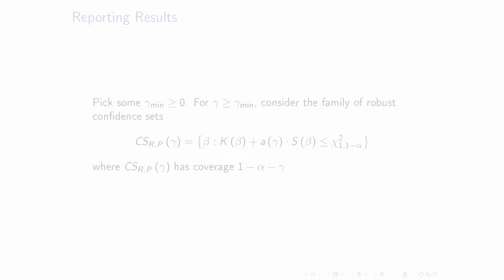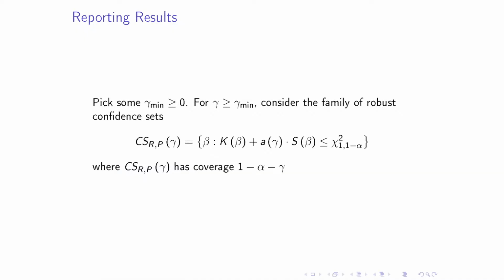So here I'll think about a way of reporting results for the procedures I'm suggesting that takes into account both of these points. In particular, for some gamma min greater than or equal to 0, think about gamma greater than or equal to that gamma min, and define a family of robust confidence sets in this way. The preliminary confidence set indexed by gamma will be this sort of linear combination confidence set where I use the weight on the S statistic A that gives me that particular gamma.